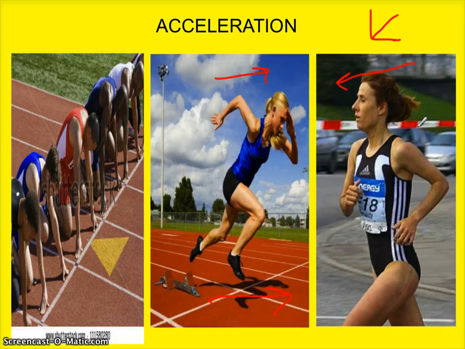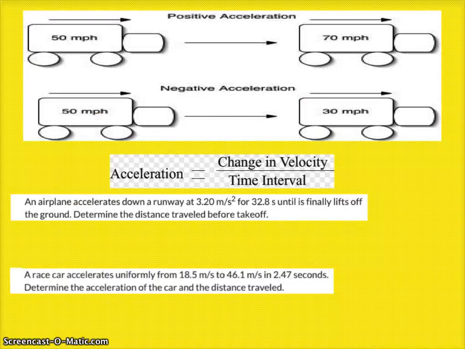Now, we're going to call that negative acceleration. Acceleration is a vector, can be represented by a vector, just like velocity, and not like speed. So, let me tell you something about positive and negative acceleration. Positive acceleration, we have this vehicle going 50 miles an hour and it's going up to 70 miles an hour.